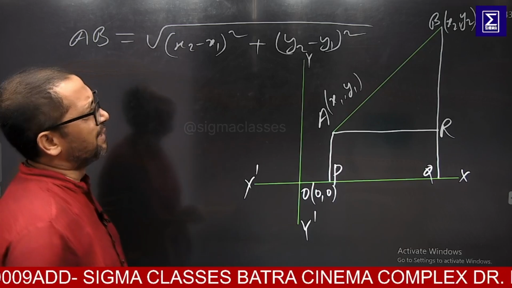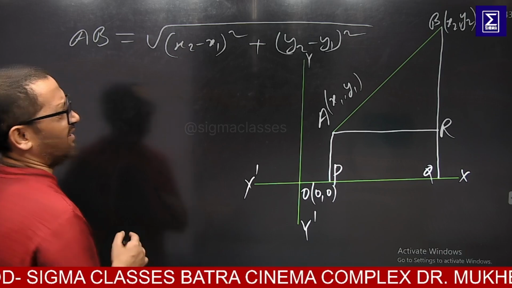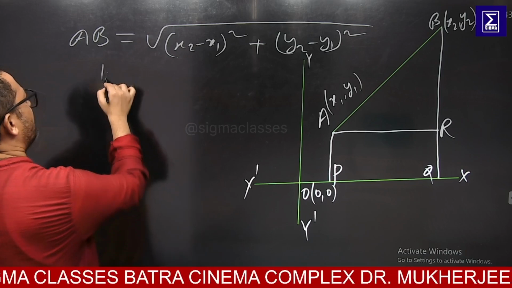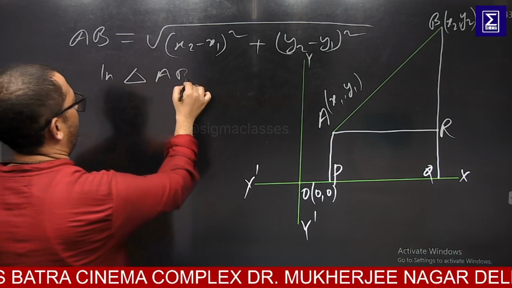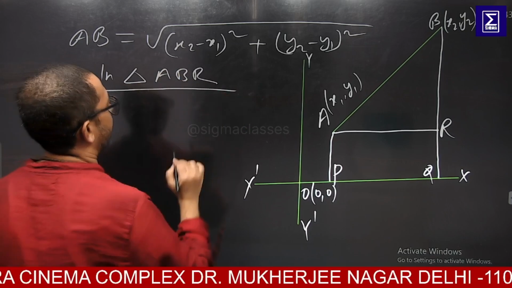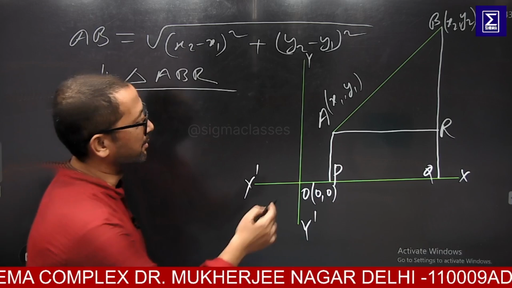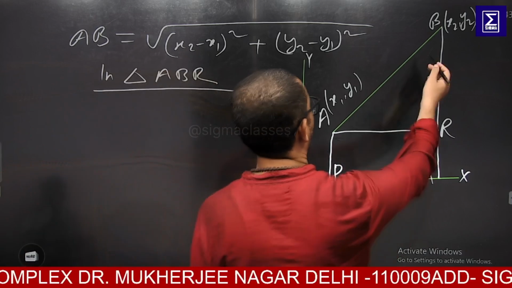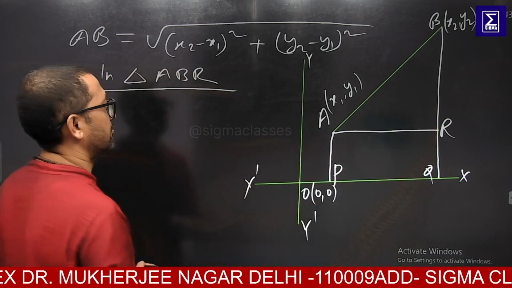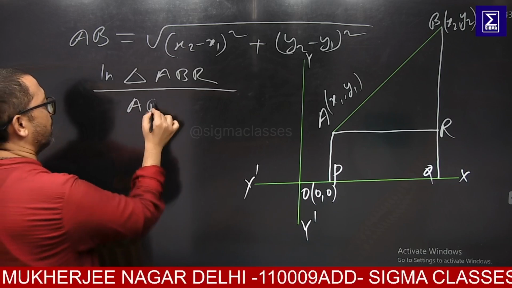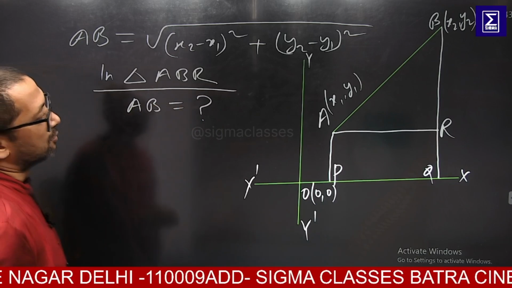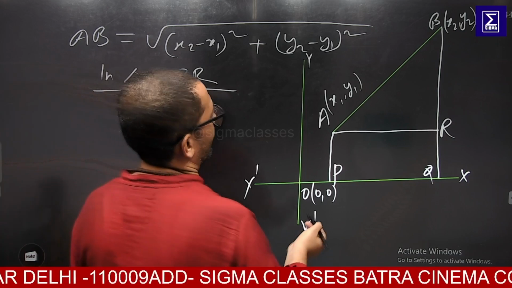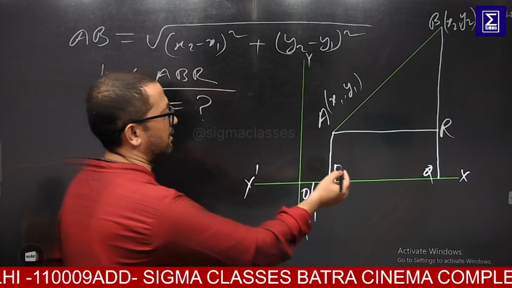So what we have to find is, in triangle ABR, we need to get the hypotenuse. Means we need AB is equal to what? That's what we have to find. So for AB, this is a right angle triangle.